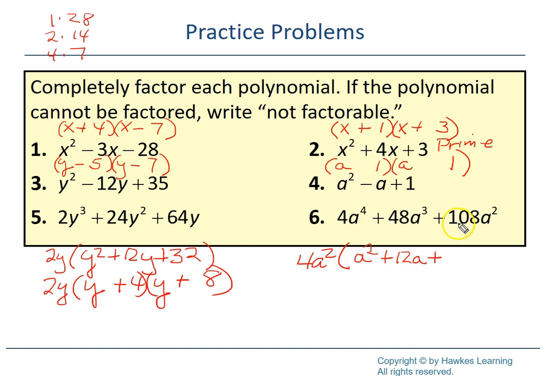And we're going to take a 4 out of here and get 2. And we got 8, 48. 4 goes into 48. And we're left with a 28, so 7.